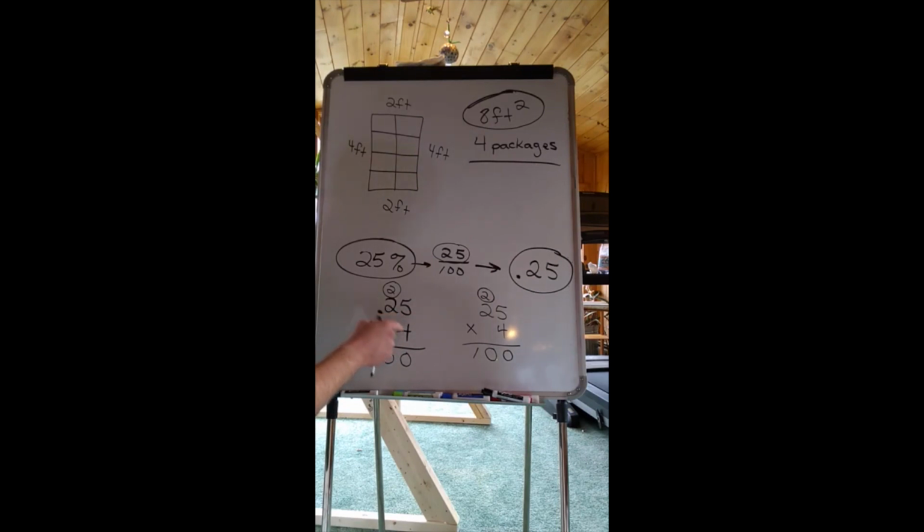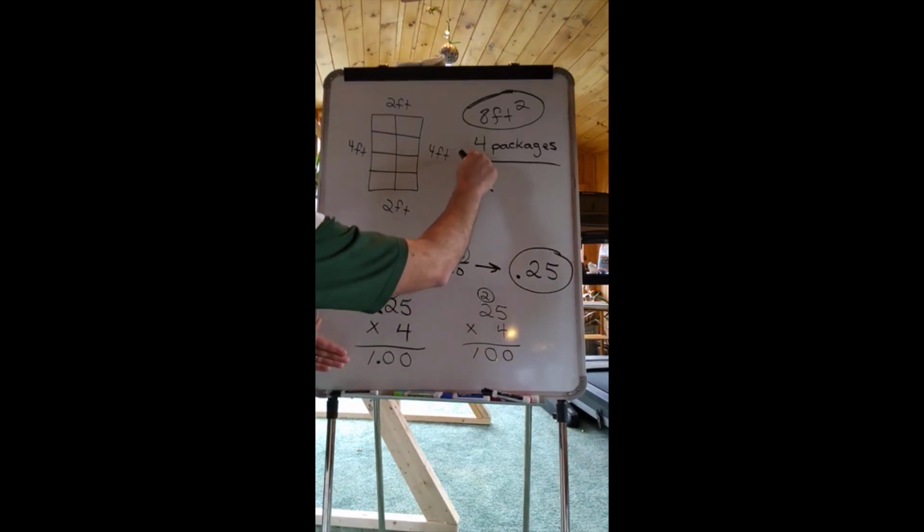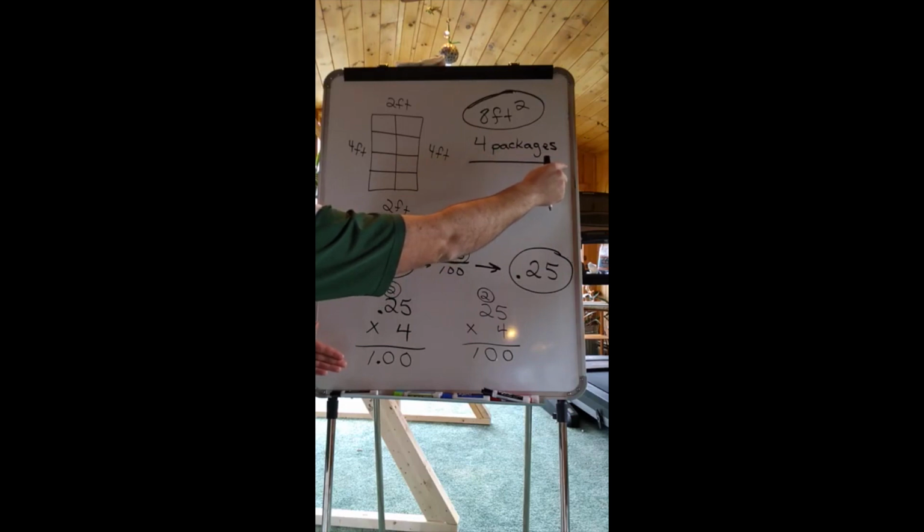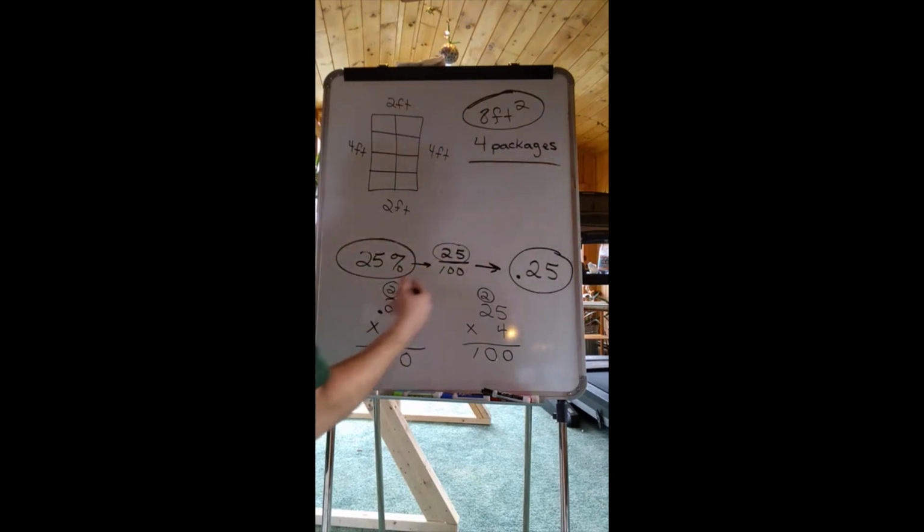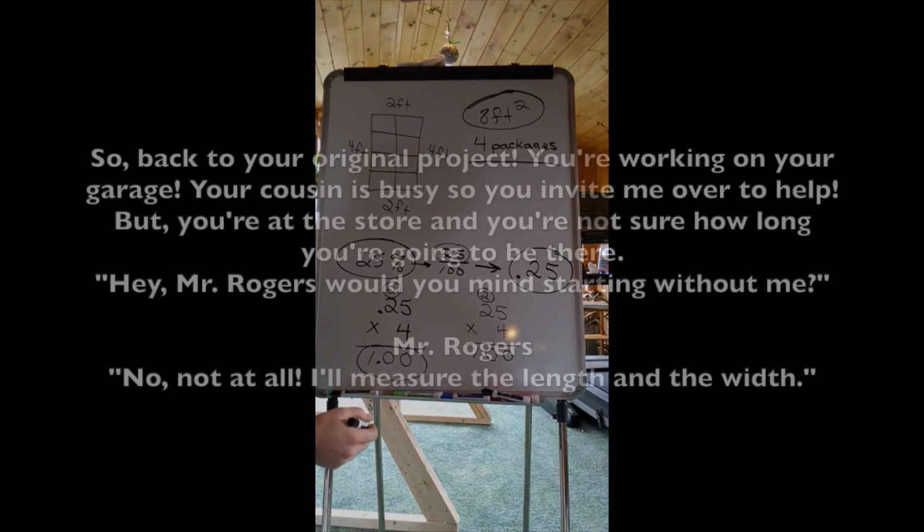So I go to my answer, and I go 1, 2. And I get 1. So basically, what my cousin's saying is, hey, will you get 4 packages, and then by adding that extra 25%, you buy 1 extra package, right?